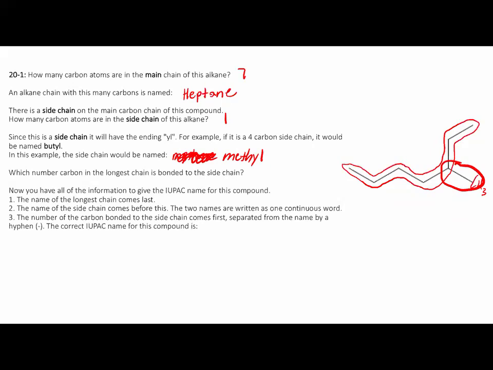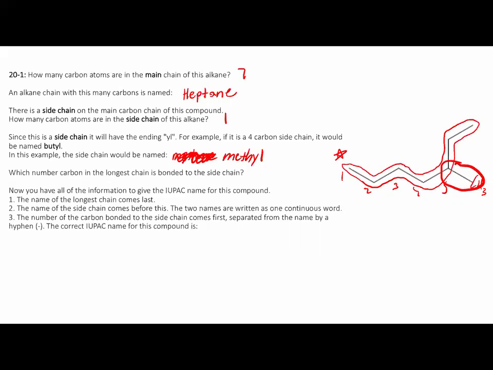Which number carbon in the longest chain is bonded to the side chain? You have to remember, number the main chain starting from the end closest to a substituent. On this end, you are 1, 2, 3, 4, 5 carbons away from the side chain.